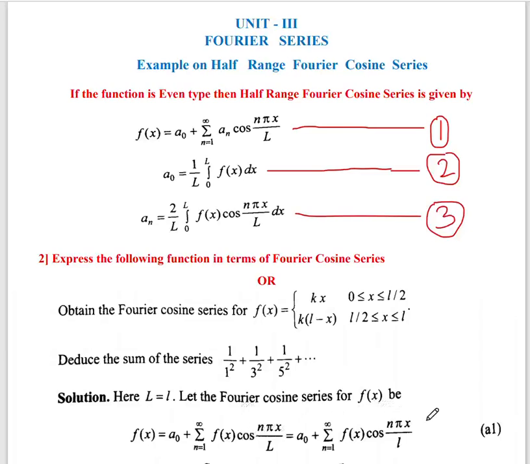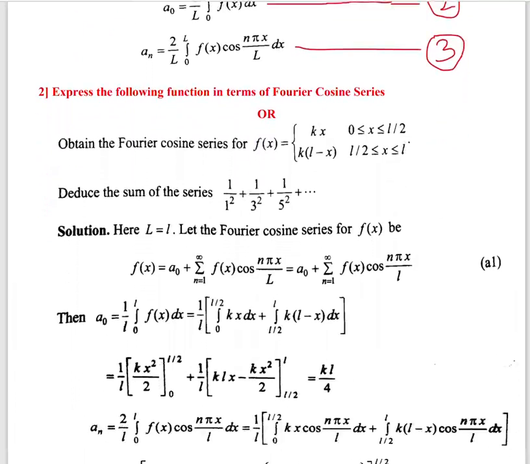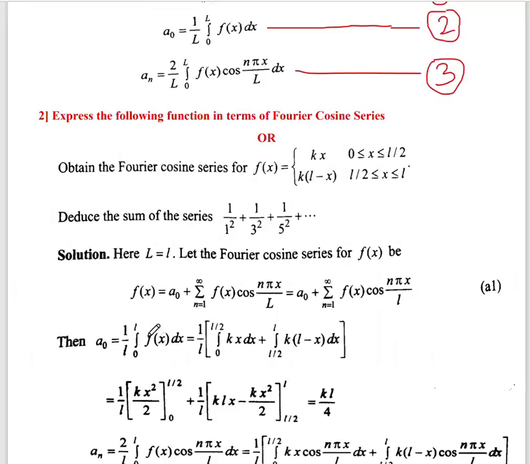Then the Fourier cosine series is f of x equal to a0 plus summation n equal to 1 to infinity an cos n pi x upon capital L. Now we put capital L as small l. So f of x equal to a0 plus summation n equal to 1 to infinity an cos n pi x upon small l. Let us consider this as equation number 1.